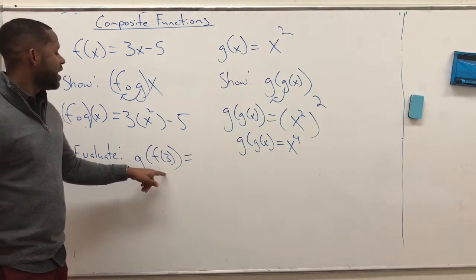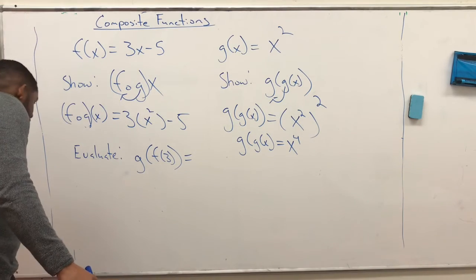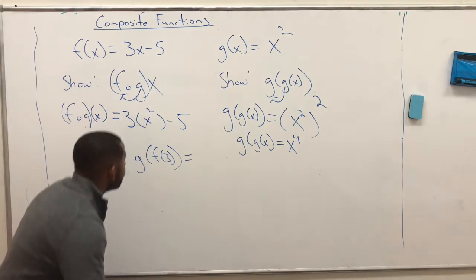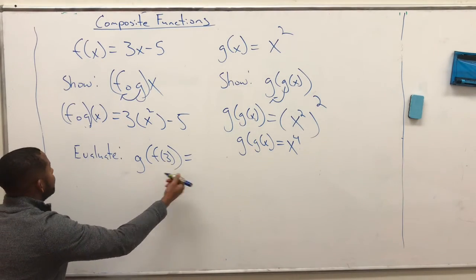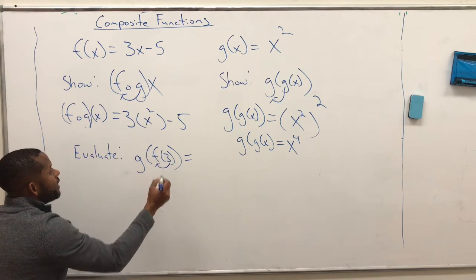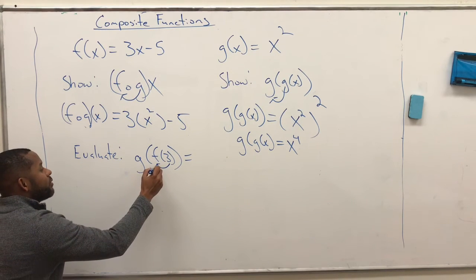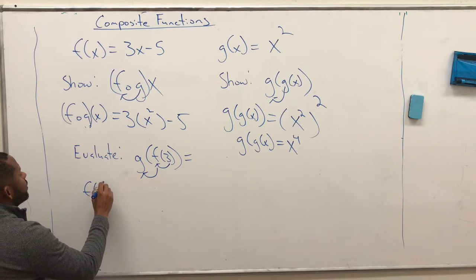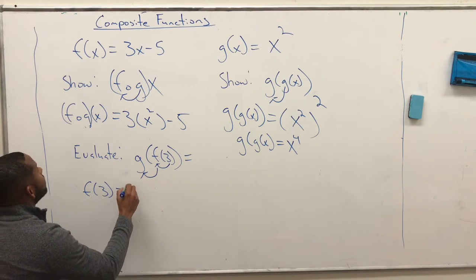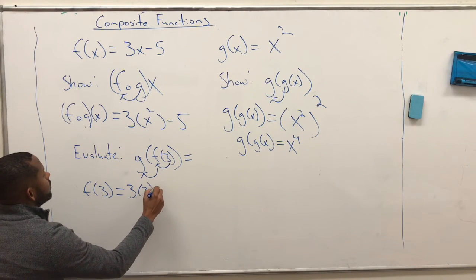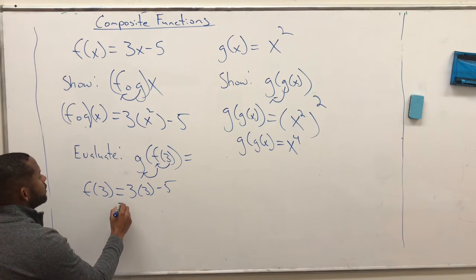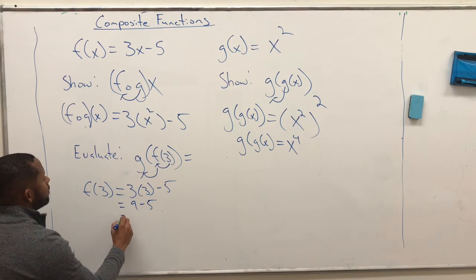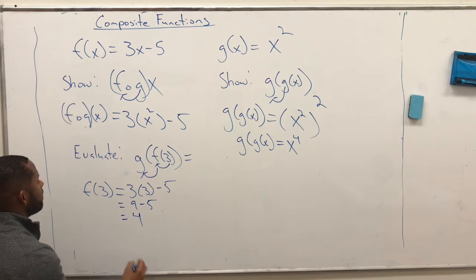Okay? And then lastly, sometimes they'll ask you to evaluate g of f of 3. And again, I gotta remember, right? It starts inside out. First, I put 3 into f. Then I take whatever that is and put it into g. So first I'm gonna look for f of 3. And f of 3 is 3 times 3 minus 5, which is 3 times 3 is 9, minus 5, which is 4.